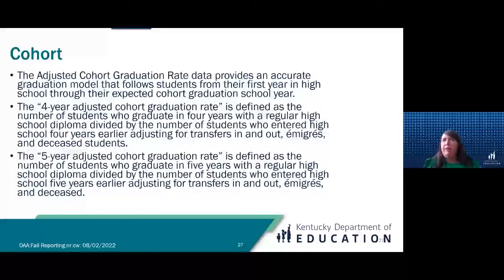And remember, if they're on time in their cohort, they'll be in that 4-year. And if they had to take an extra year, they'd be in that 5-year cohort. And then this also defines what 4-year is and how to calculate it. And this tells you 5-year and how to calculate that graduation rate.